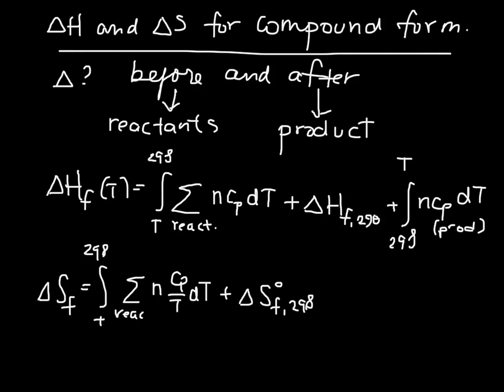And we'll talk in a minute about how we find this, but this comes from the absolute entropies, and then we integrate from 298 to T of N Cp over T dT. And this again is for the products. So that is how we calculate our enthalpies and entropies of formation.